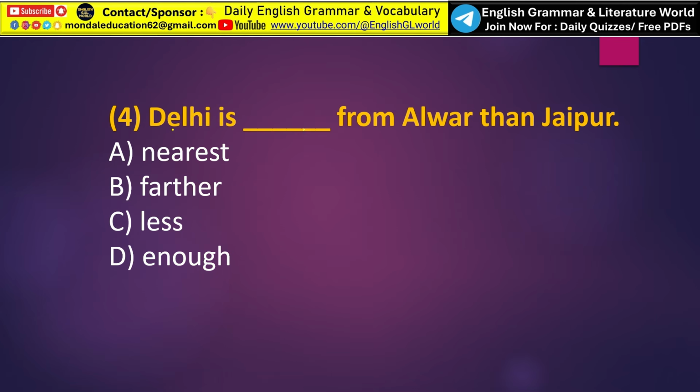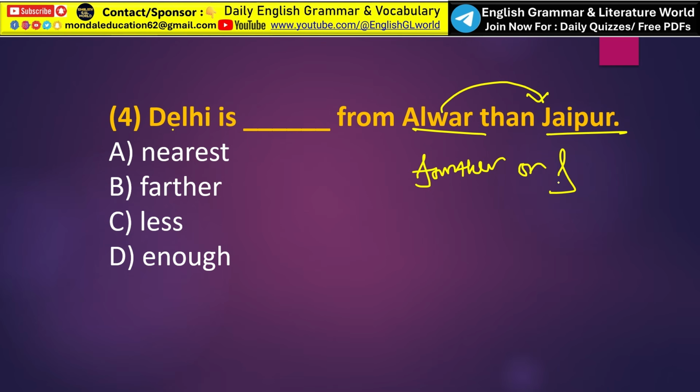Next. Delhi is dash from Alwar than Jaipur. In this sentence we are comparing distances between places, from Delhi to Jaipur or Jaipur to Alwar. Whenever we compare distance, we use the word further. So option B, further, is the correct answer.